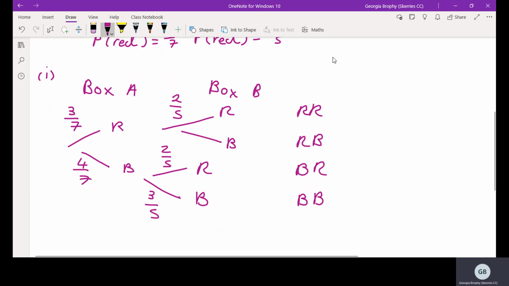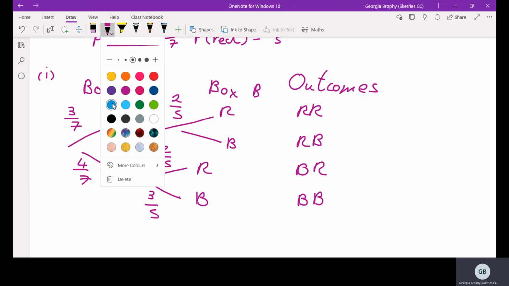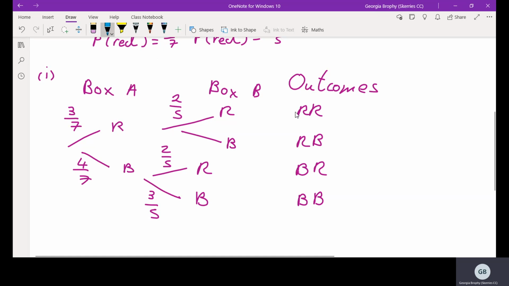Now when you're looking at your outcomes, I'll just write this up above. That first outcome, RR, what does that actually mean? We're saying that we chose red and we chose red again. So the word we're looking at here is and.